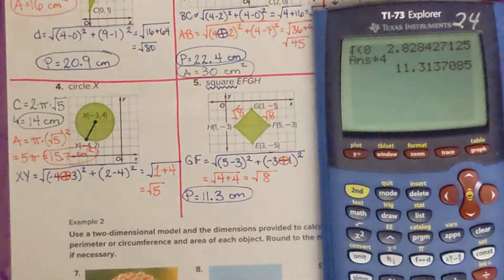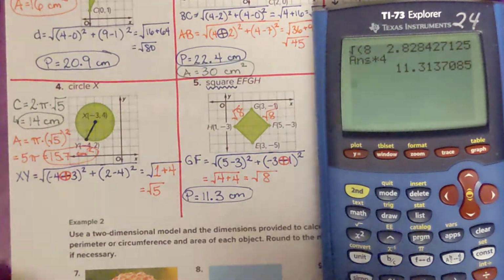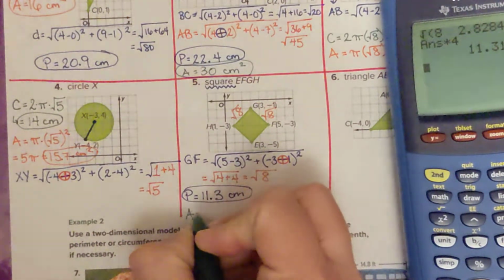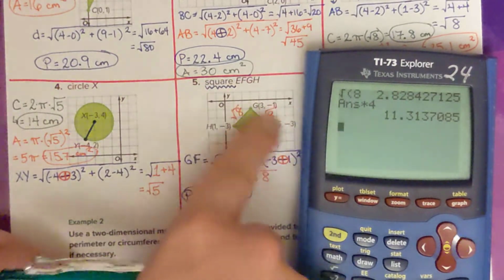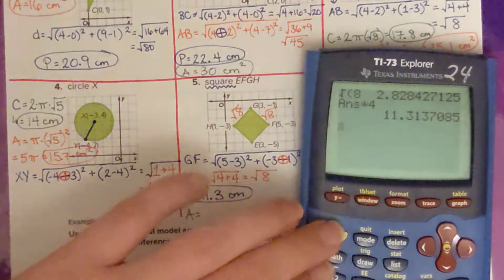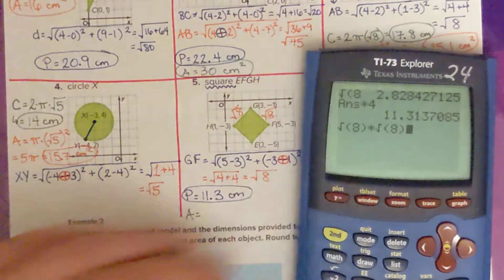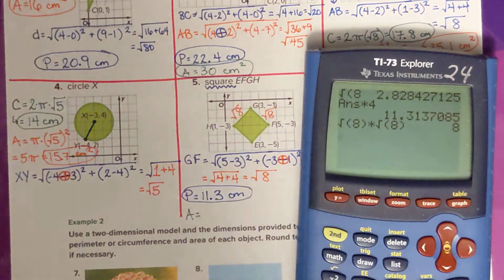And remember, for area, how do you find the area of a square? Hopefully you just told yourself you do length times width. So your length and width are the exact same thing. Square root of 8, square root of 8. So I want the square root of 8 times square root of 8. Okay, and you should get 8.